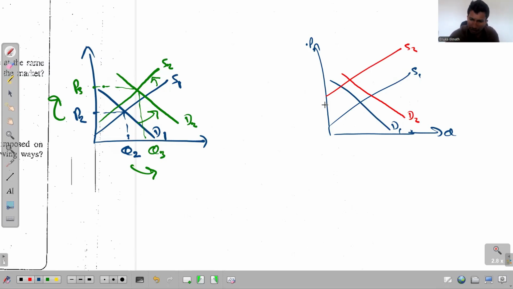Based on the first set of curves, the price is P2 and the quantity is Q2. And based on the second set of curves, the price is P3 and the new quantity is Q1. And that Q1 is lower than the previous quantity Q2. See, that is the difference.